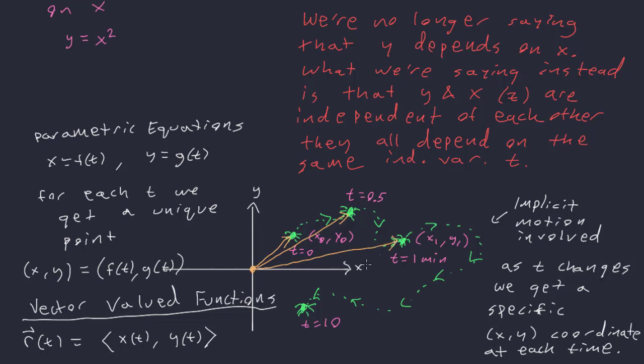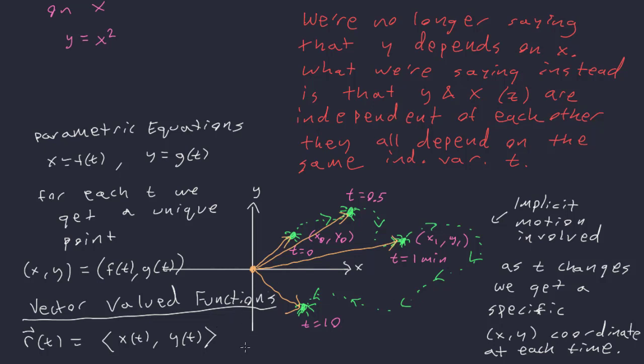Now, I'm going to give a better example of this in just a second. But the reason we do this is really just because we get algebra with vectors, that it's really useful, and it will be super useful once we start actually applying calculus to this.